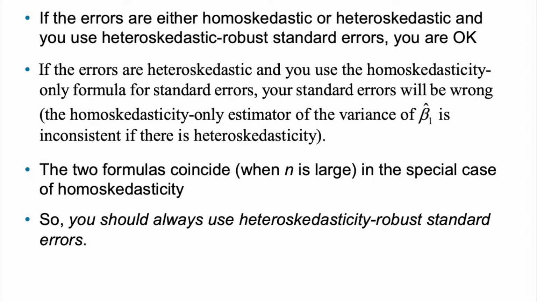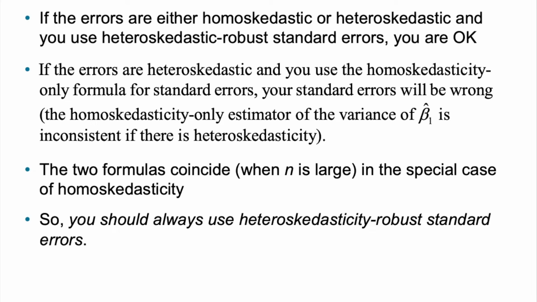In the last video, we discussed implications of homoscedasticity and heteroscedasticity for standard errors, and we concluded that we should always use heteroscedasticity robust standard errors. If we use homoscedasticity only standard errors, and our data is in fact heteroscedastic, then we are exposing ourselves to type 1 error.